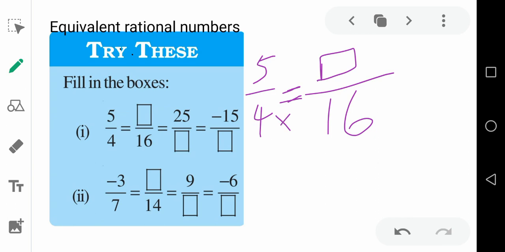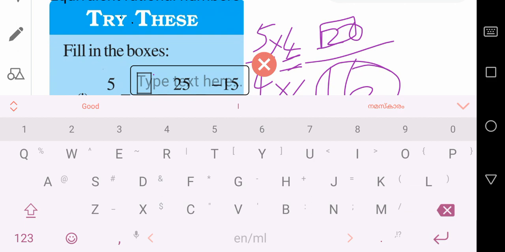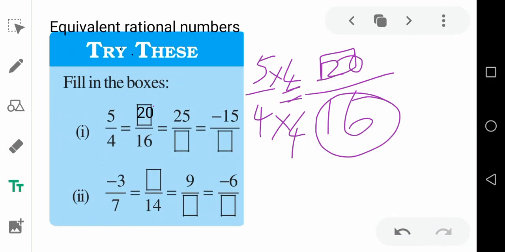So here you can see, for getting 16, what number should you multiply with? 4. You have to multiply with 4. 4 4s are 16. So by the definition, here also we should multiply with the same number, which is 4. So 5 4s are 20. So we'll get the answer as 20. Understood? Okay. So it is 20.